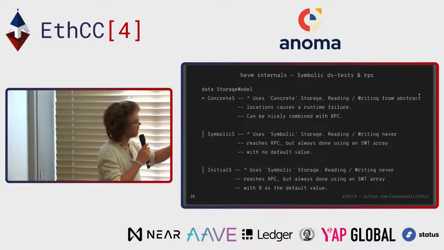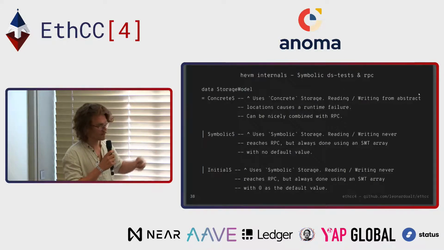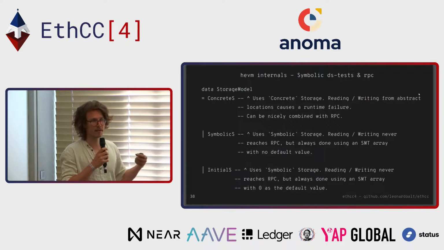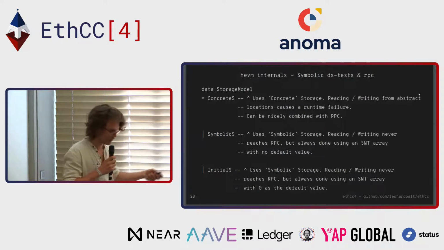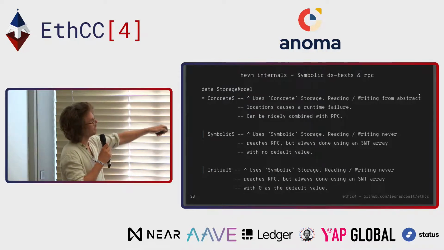So the first one is concrete. This one actually fails if you try to do something symbolic with storage, if you try to read from a symbolic location, or if you try to write to a symbolic location. Because this one wants to be compatible with RPC.